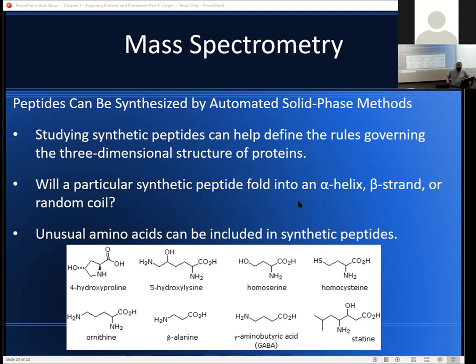So we have things like 4-hydroxyproline, 5-hydroxylysine. Again, these are usually modified by post-translational modification when we find them in vivo. However, we can include these in synthetic peptides by incorporating them directly as the peptides are being synthesized.